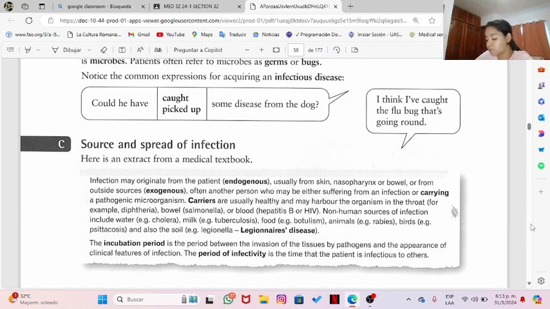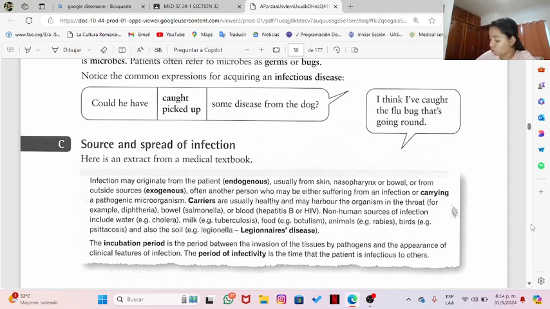Often another person who may be either suffering from an infection or carrying a pathogenic microorganism. Carriers are usually healthy and may harbor the organisms. For example, diphtheria, bowel salmonella, or blood hepatitis B or HIV.